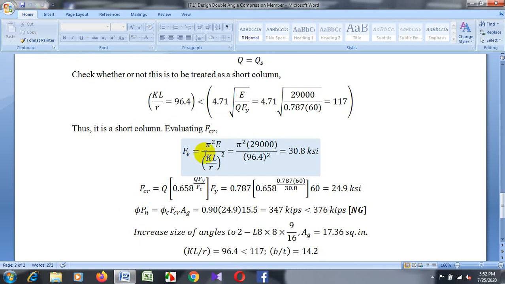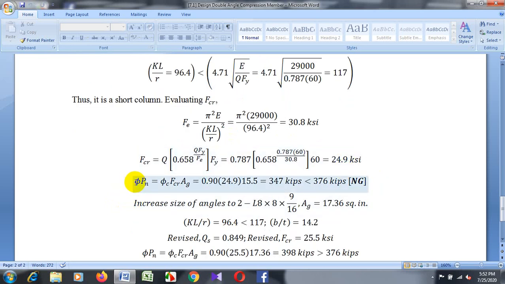Now finally calculate Fe with the inverse formula, and Fcr equal to Q times the formula. Just input the formula and get the value 24.9, and the ultimate load capacity phi Pn, just input this value and get 347 kips. This value is less than 376, that means capacity is less than demand.